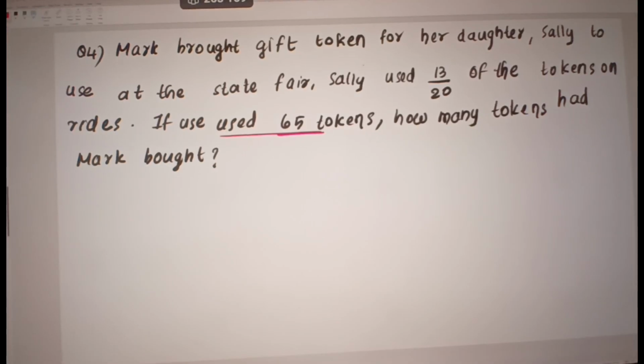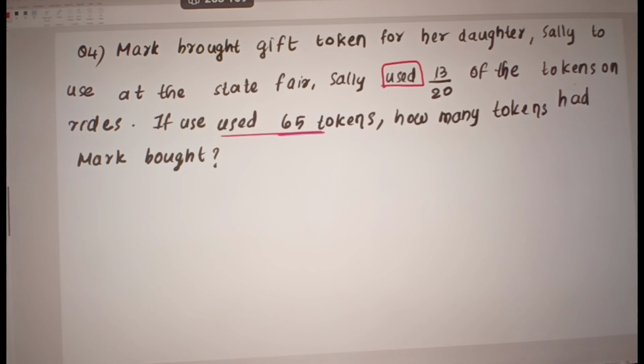In this question, it is given that Sally used 13 out of 20 of the tokens. So what does this fraction show? It shows the fraction of tokens used, that is 13 out of 20.